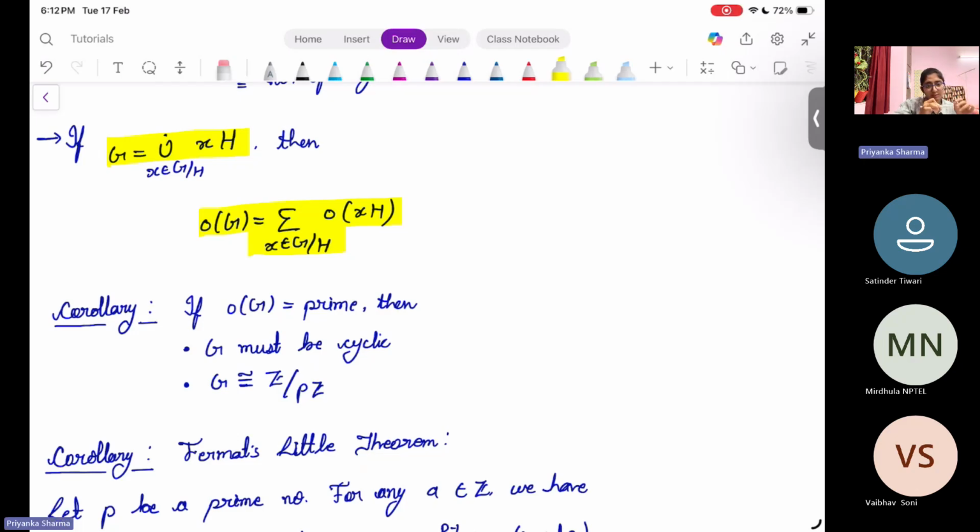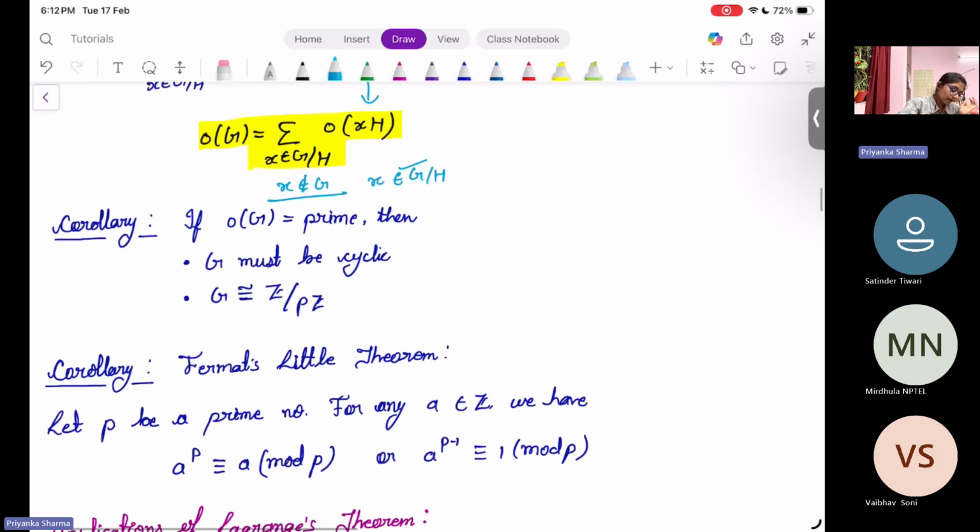So order of G will be the summation of order of XH, but note that here we need to consider this summation for a disjoint union. So here X is not coming from the whole group G. We need to consider only distinct cosets. So X will be from G over H.